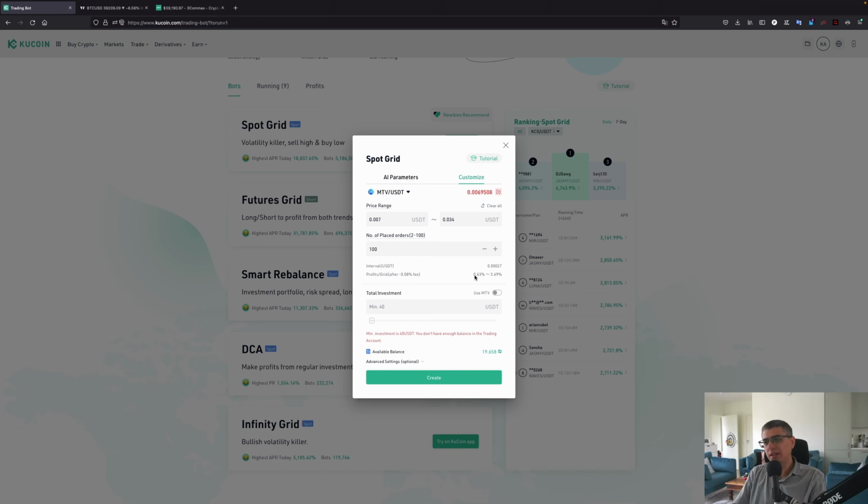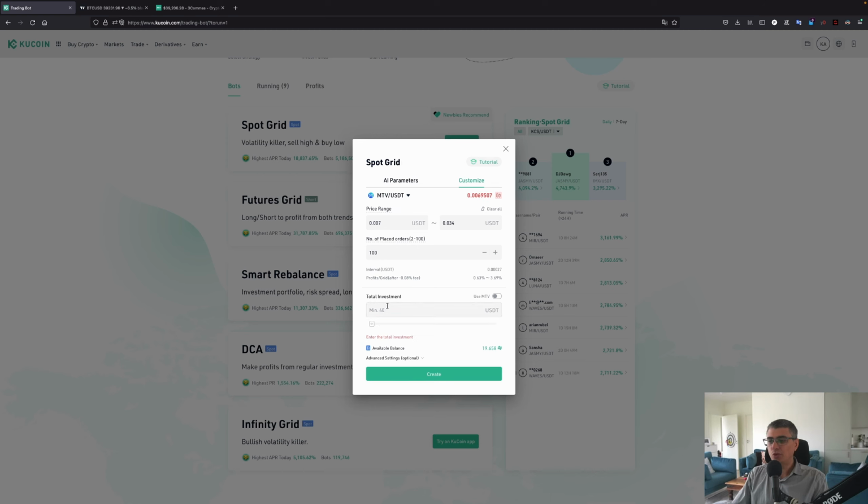If I want to do that, that's an option. In the case I have very many buying grids below the current price, that could be an option. You can see here, right? This red text, minimum investment is $40 and you need to have some money to start this bot. Like I said, $40.